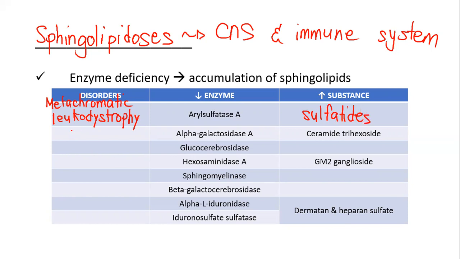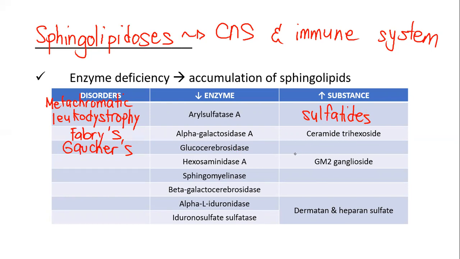Next would be Fabry's disease. So kindly read the following enzyme deficiency and accumulating substance. Next would be Gaucher's disease. So deficient enzyme is glucocerebrosidase.